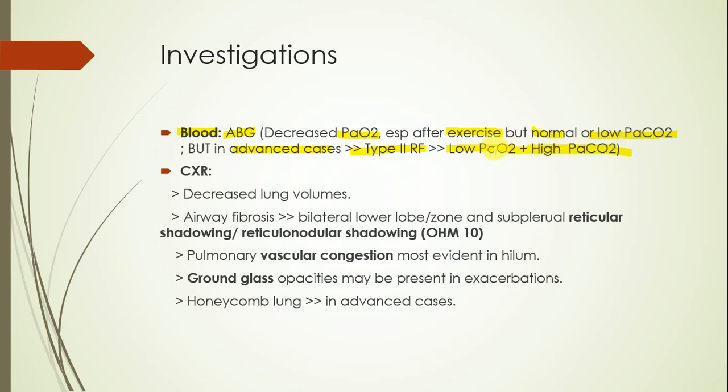So whenever you get an ABG in suspected idiopathic pulmonary fibrosis showing type 2 respiratory failure, this is an advanced case. Okay, although blood examinations don't give us the clue to the diagnosis, they just assess the level of pulmonary dysfunction we have. But chest X-ray gives us an idea of what might be the underlying cause.